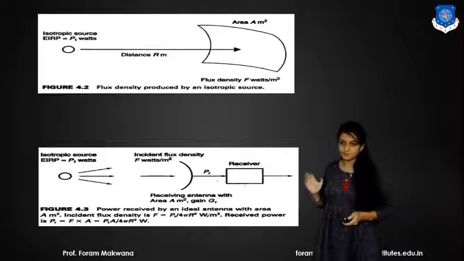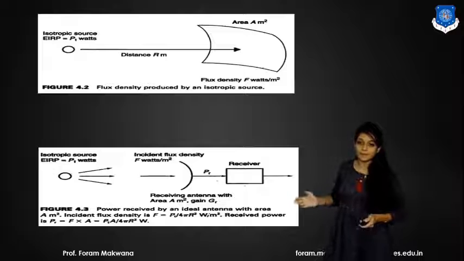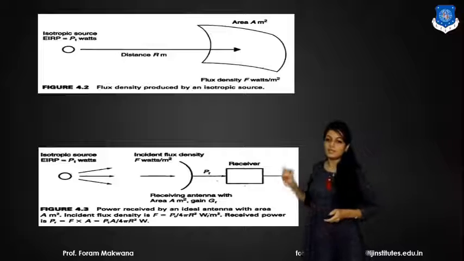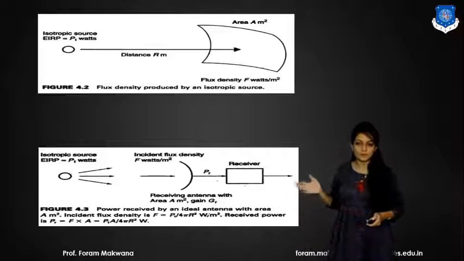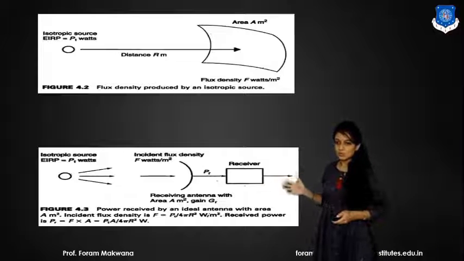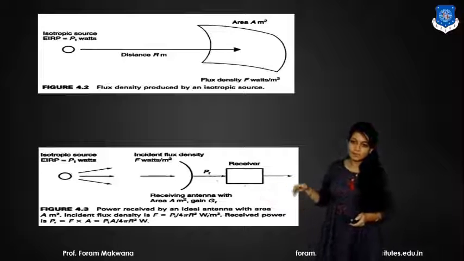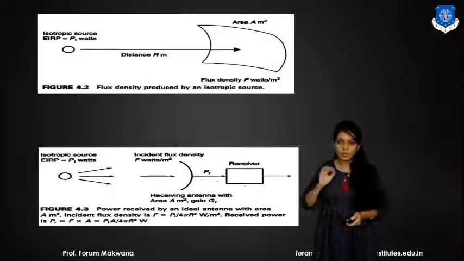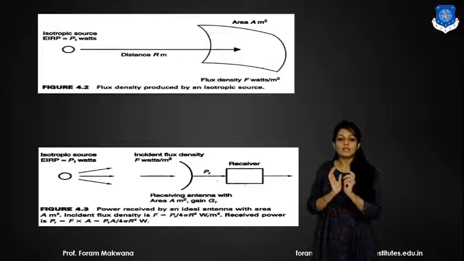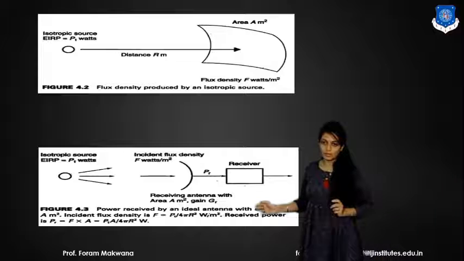Now, to calculate the power received by an ideal antenna with area A in meter squared, the incident power density is PT upon 4 pi r squared. So the received power depends on the saturation flux density multiplied by the area on which the power is received. This is the received power formula.